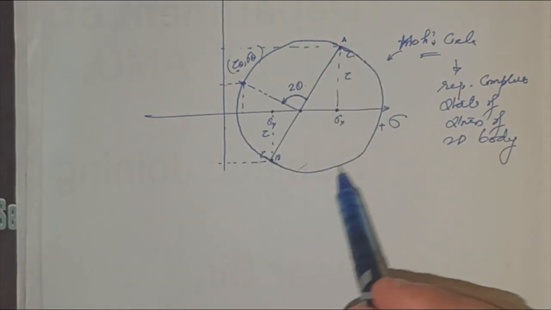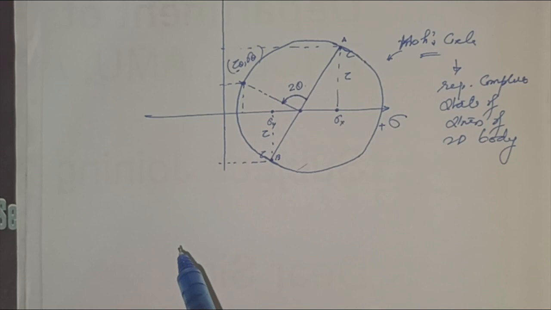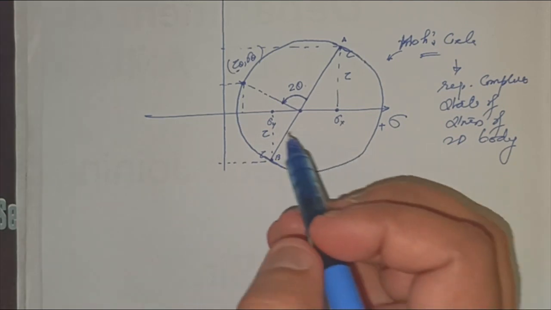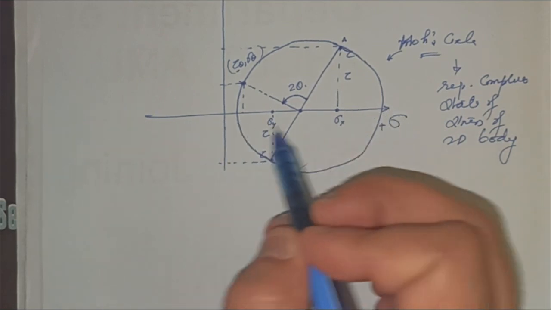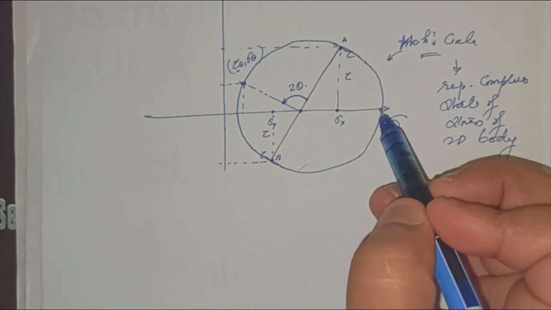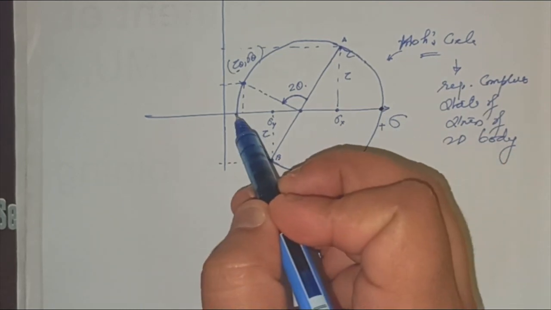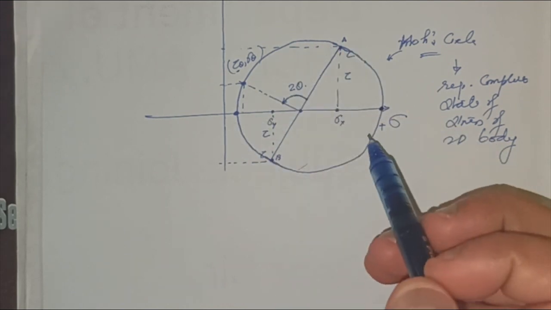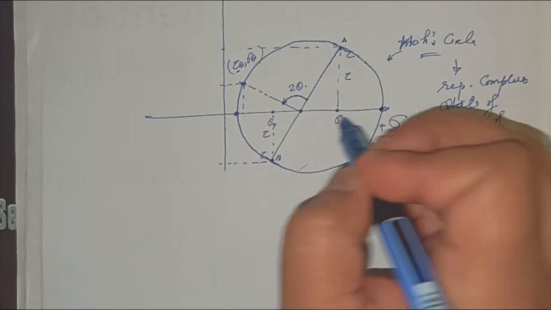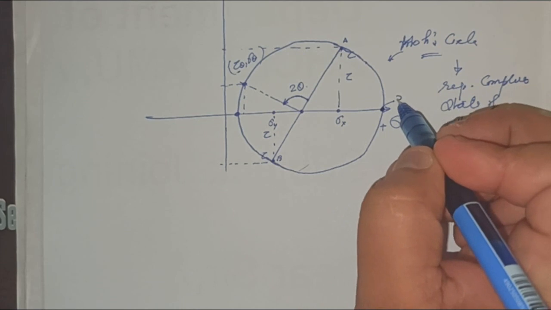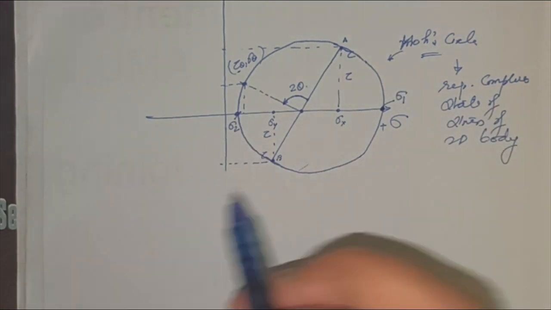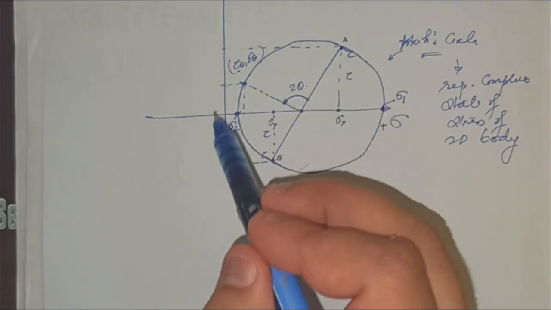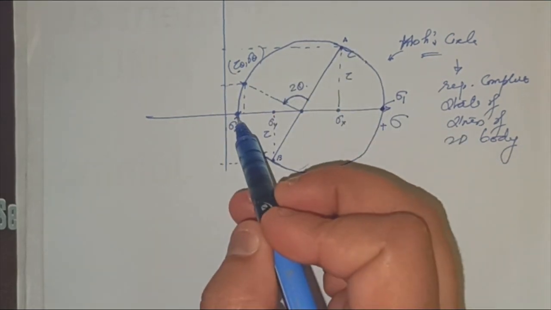So what will the principal stress be? The principal stress exists along the sigma axis. On the Mohr circle periphery, the maximum stress will be sigma 1 and the minimum will be sigma 2.